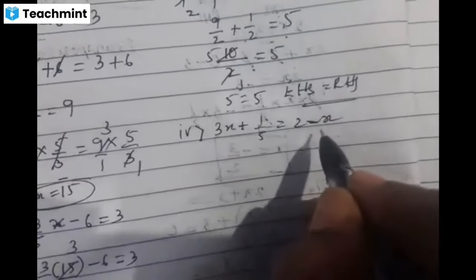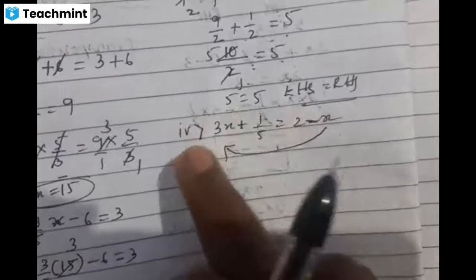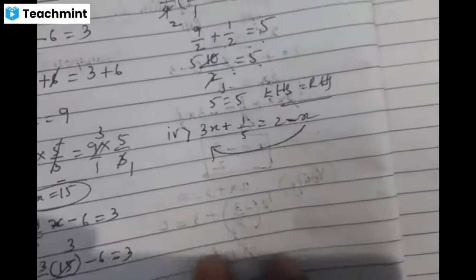So what I do, this minus x, observe carefully, children, I am taking it to the left hand side. Taking it to the left hand side means transposition. I was talking about transposition, children.